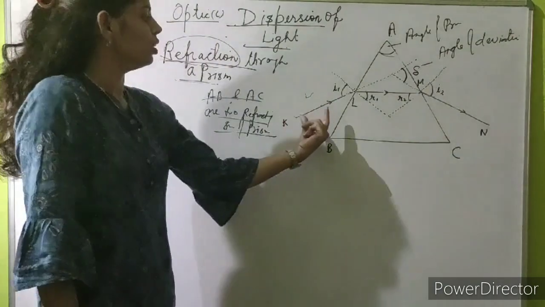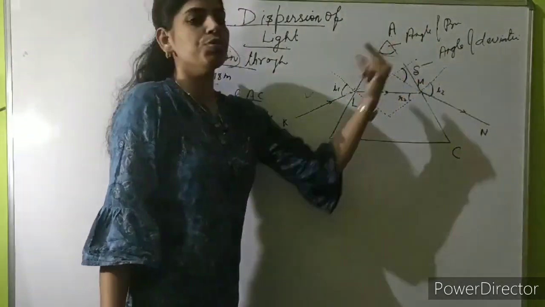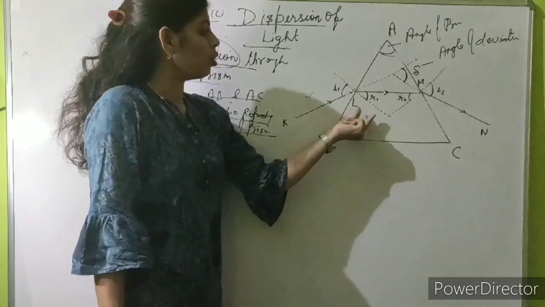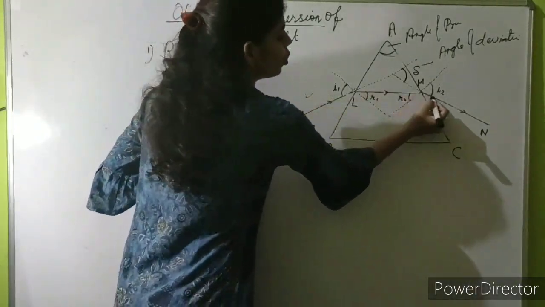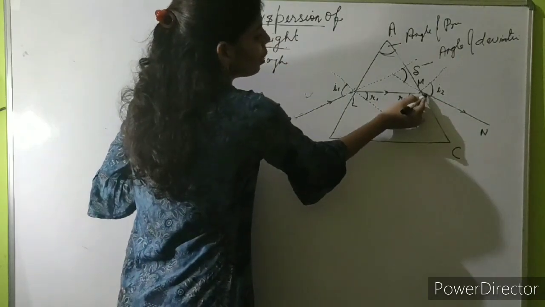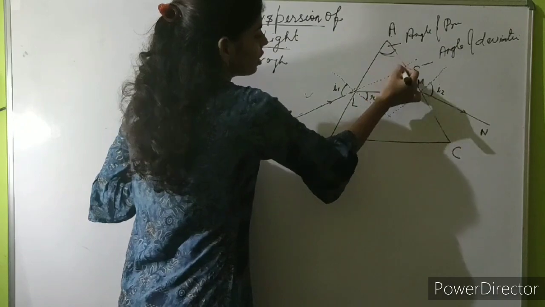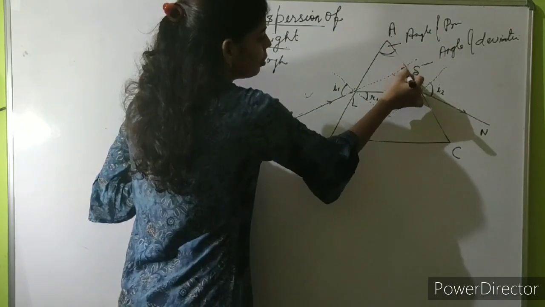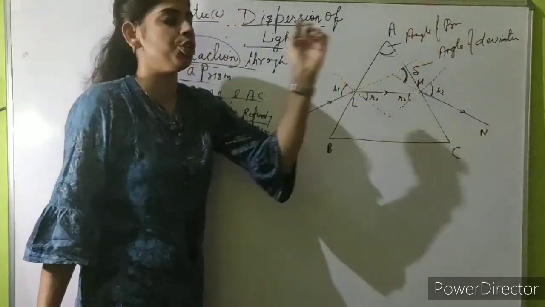Angle of deviation. This is the incident ray. This should be the path of the incident ray, but because of the phenomenon of refraction, this incident ray is going in this direction. If I produce its path backward, these two rays meet at this point, and the angle between the two rays is known as the angle of deviation.